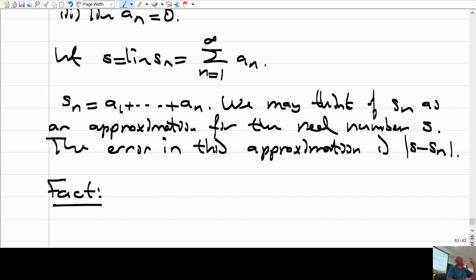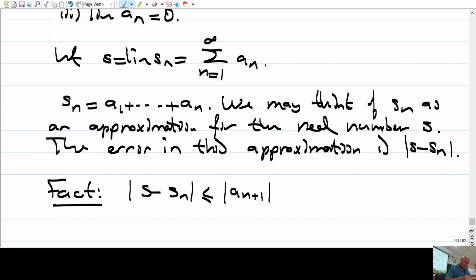We can estimate this error: how much error you make when you take Sn as your estimation. Değil mi? You make some error, but what is the magnitude of error? The fact is this: S minus Sn is less than, in absolute value, the first term you ignored. You take the summation up to an and you leave an plus 1 and the rest outside. That error is less than the first term you ignored.